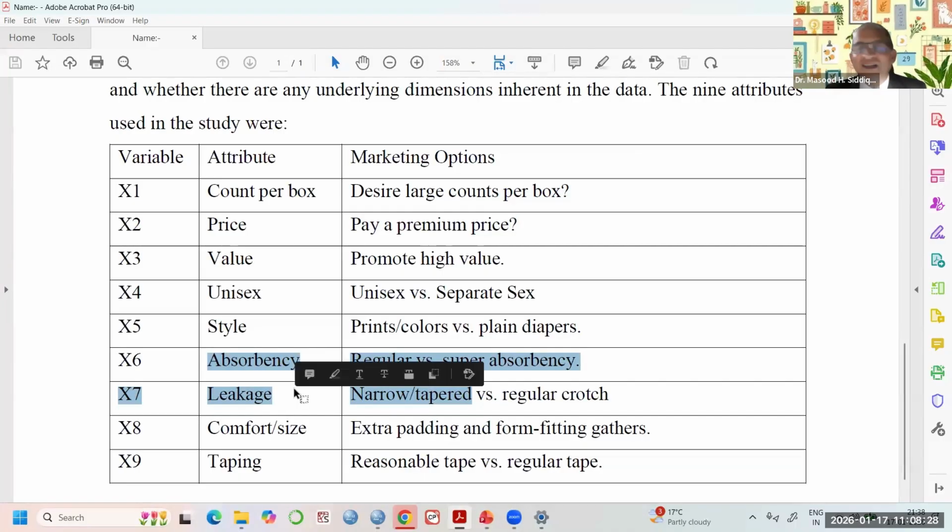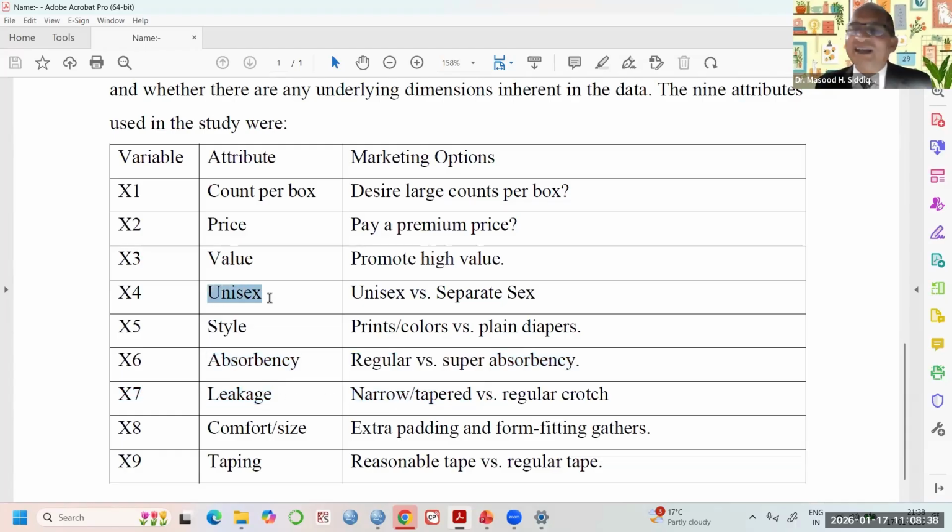So for that mother, leakage should not be there, comfort should be there. So they appear to be correlated, right? In the same way, unisex versus separate sex is a design or fashion statement. Style is also a fashion statement. So they are pretty close. They show a pretty high correlation coefficient.